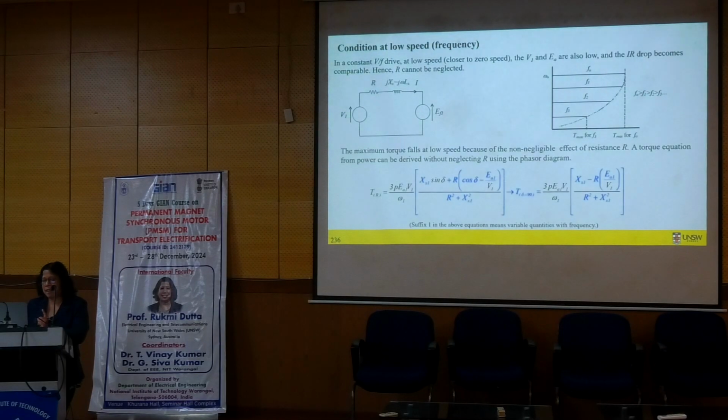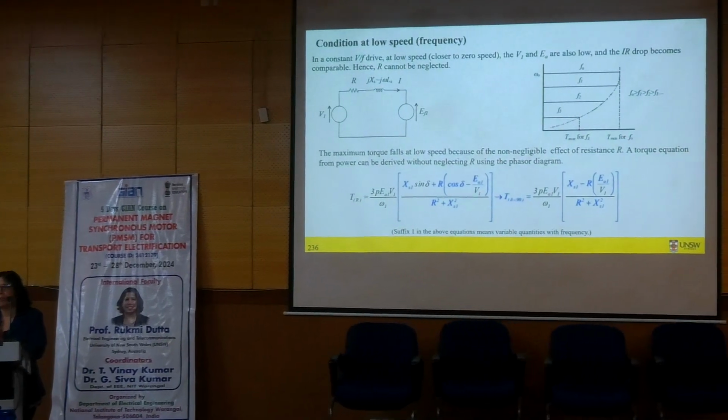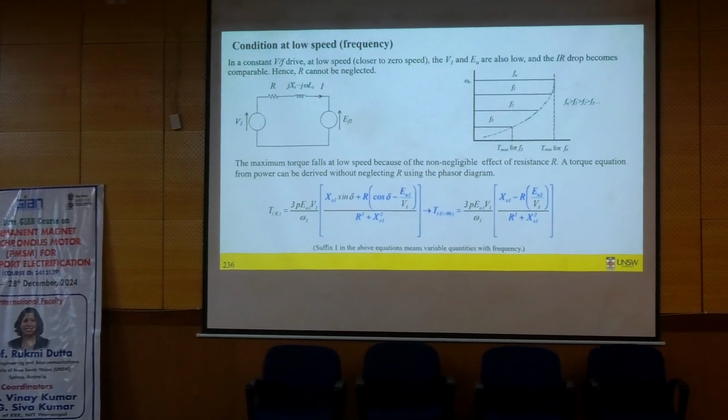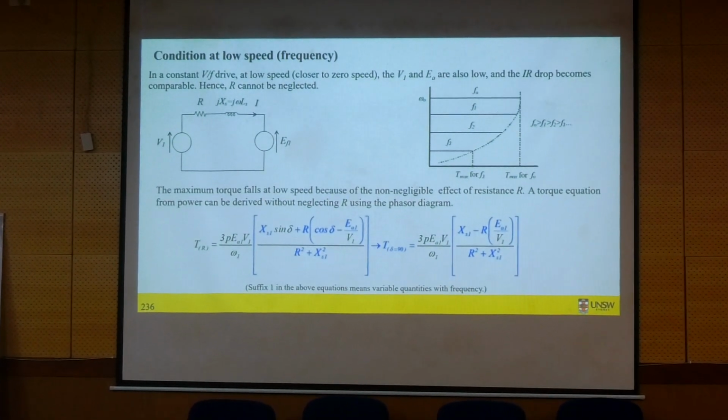But we can prevent it. I'm not going to talk about it too much, but this torque equation you can actually derive assuming resistance is not zero. You can find a power equation, and from the power equation you can again calculate the torque.